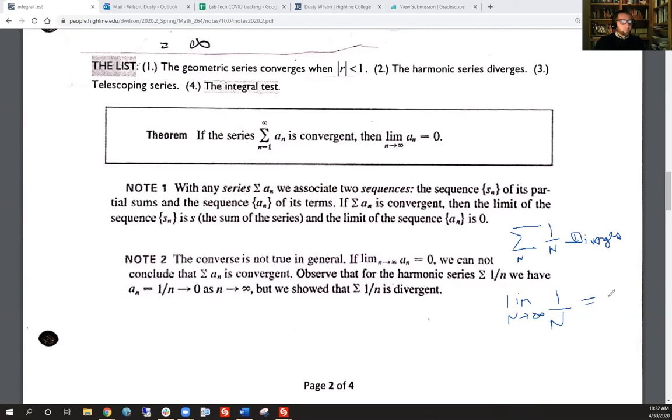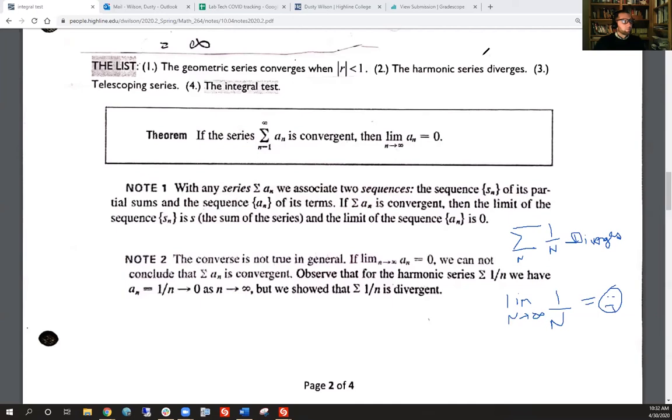It goes to 0. It's like unhappy 0. So the limit goes to 0 and it diverges. So just knowing that the limit goes to 0 is not going to help us. So close, but so far.